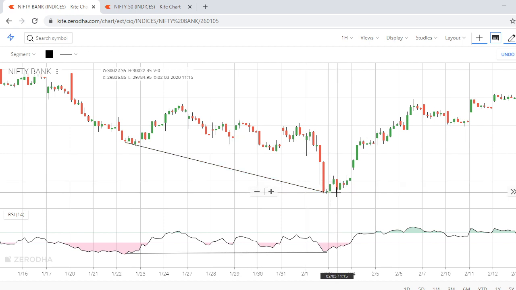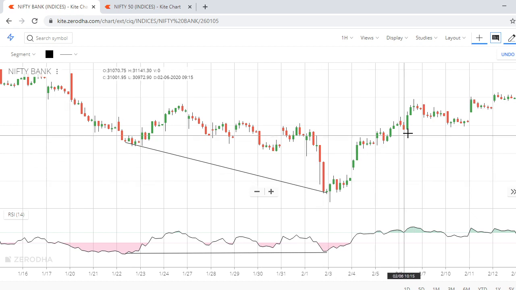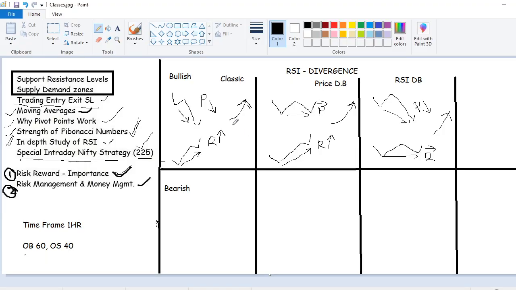See, even here it's almost 29,800 or 29,900 to 31,400 almost. Yes, 1500 points up move. This is the beauty of divergence. Okay, so this is how you can identify this.